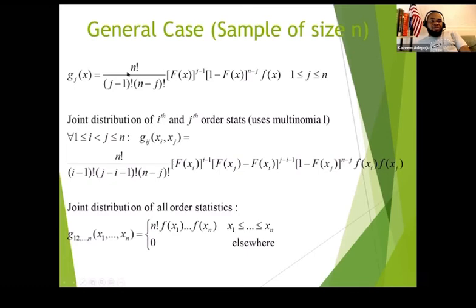So I want you to take note of this formula and this one. The first one is the probability of the ordered xj that lies between the minimum and the maximum, and this is the probability of the joint xi and xj that lie between the minimum and the maximum. And what I have here is the joint probability of all the x's, the independent random variables.